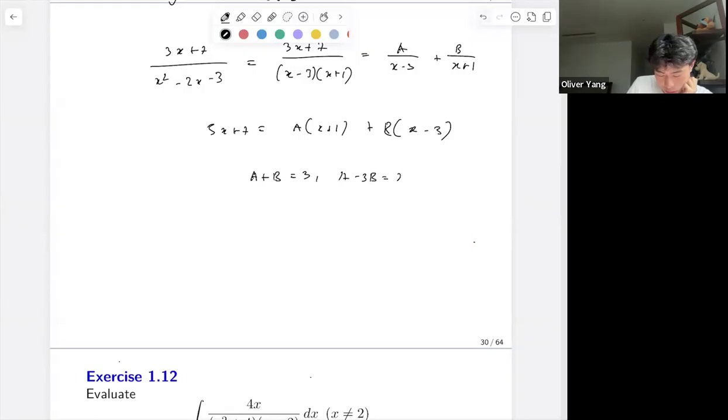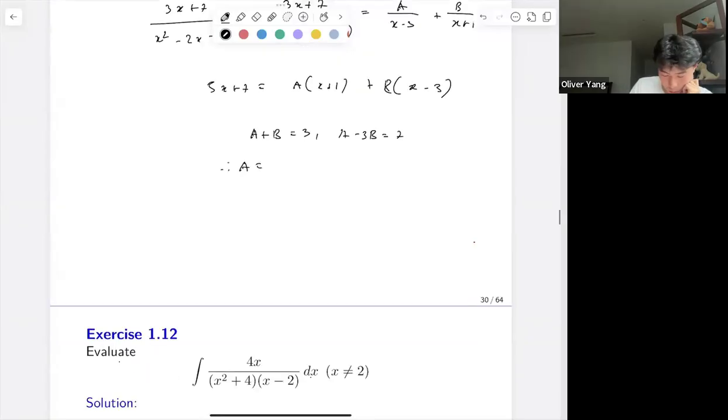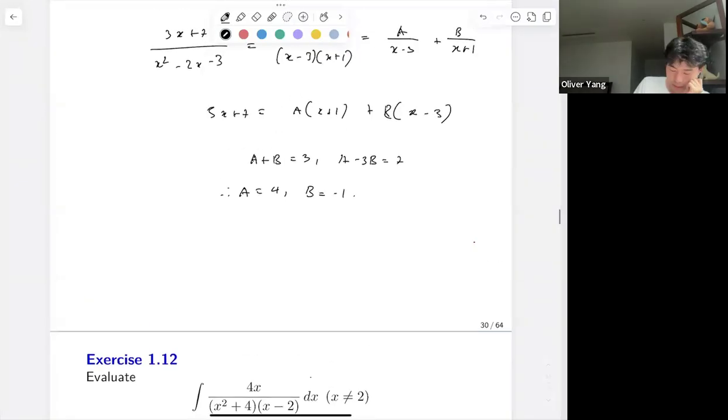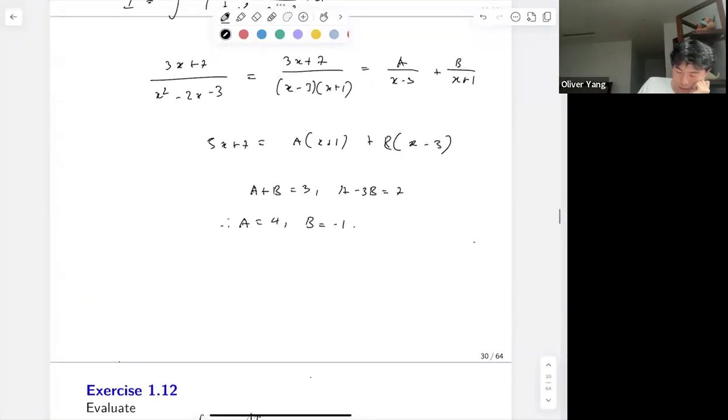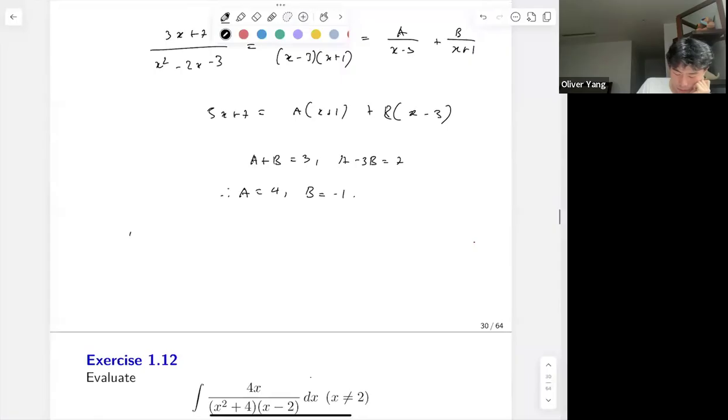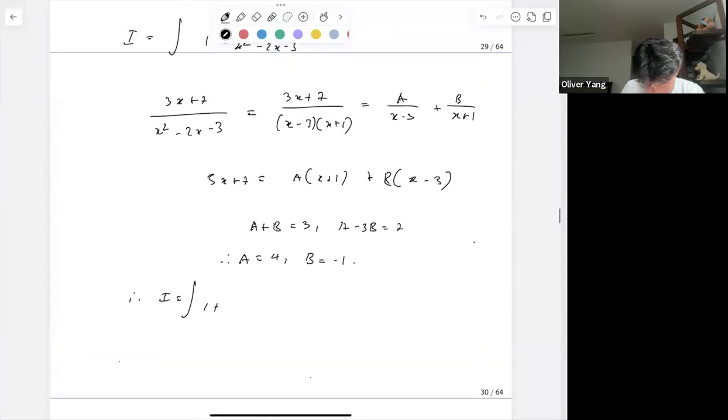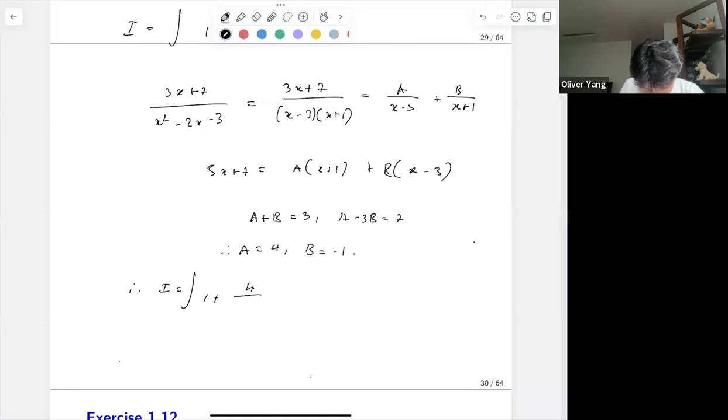So doing simultaneous equations, you should get a equals 4 and b equals negative 1, right? And therefore our integral becomes the integral of 1 plus 4 over x minus 3 plus negative 1 over x plus 1, dx.